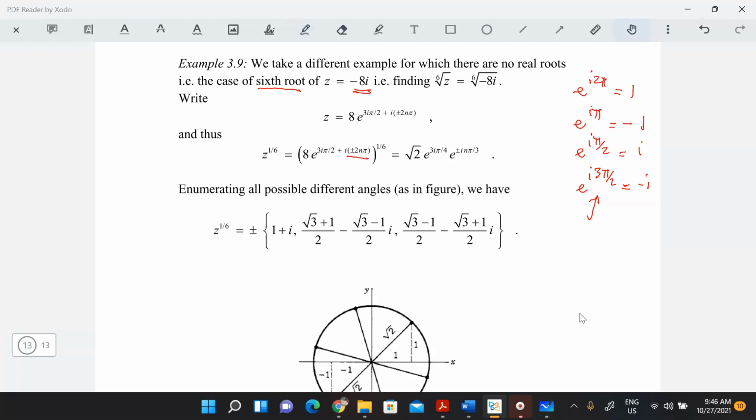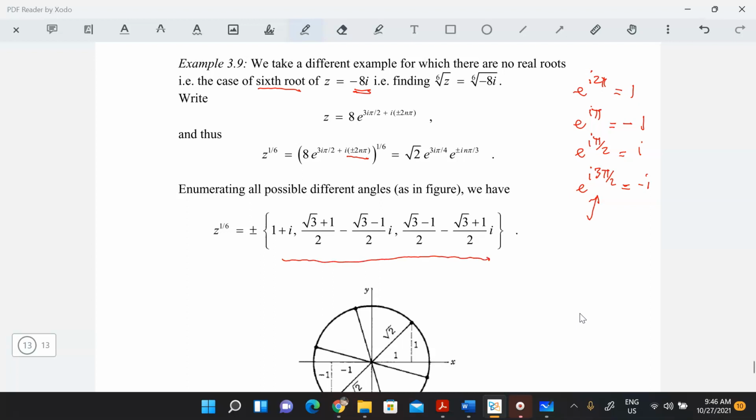Once you do that and take the 6th root, you will get different values. You do this for yourself just to convince yourself: enumerate your different n, and you get all these 6 different roots.